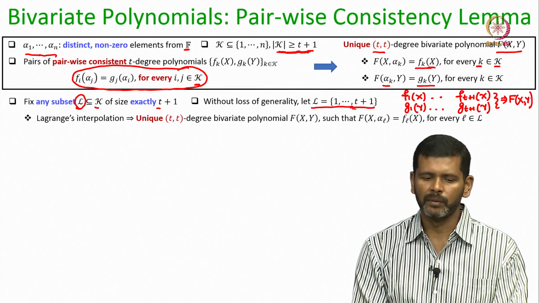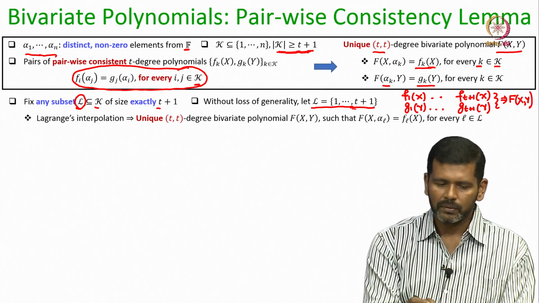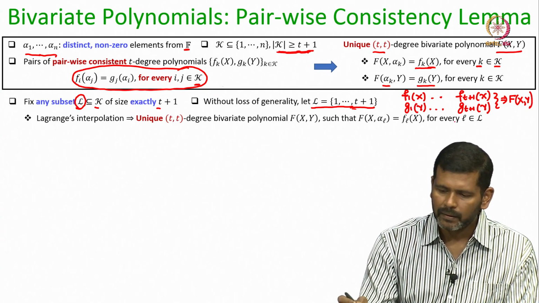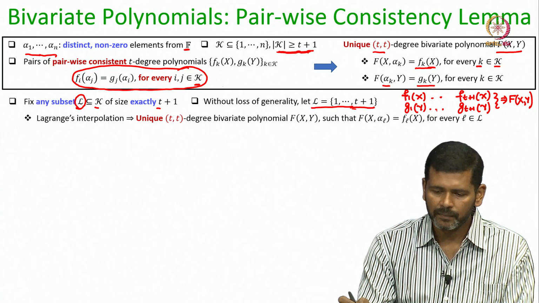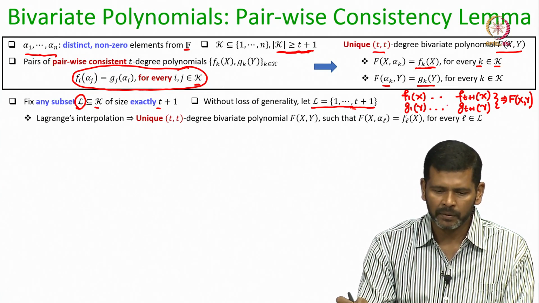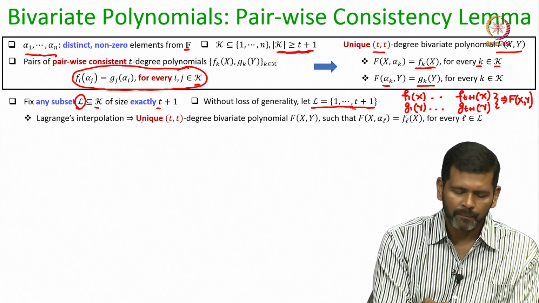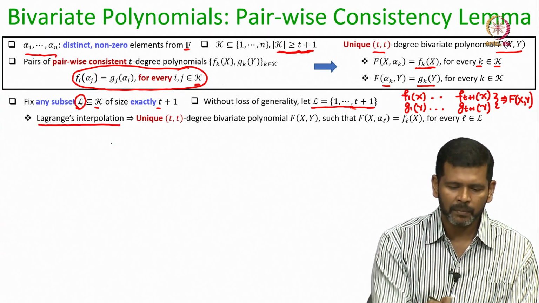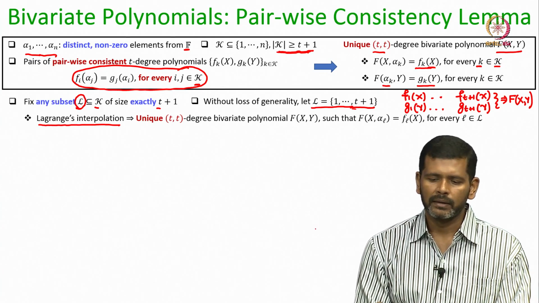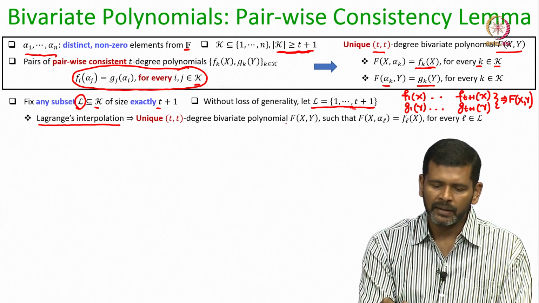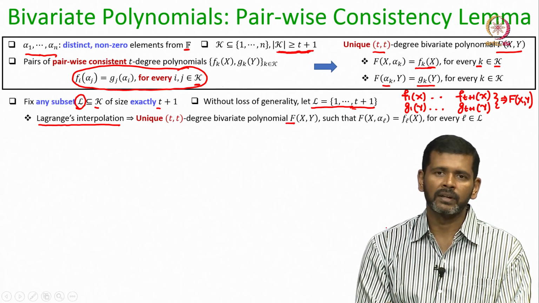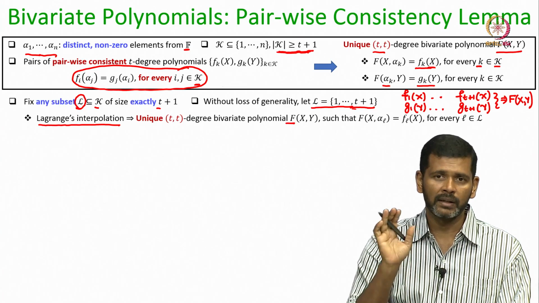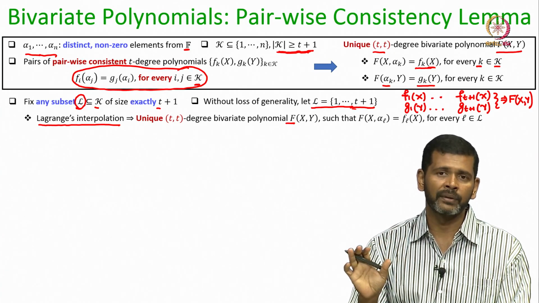This is what first we will prove. So, first what we will do is we will take the t plus 1 x univariate polynomials, and apply the Lagrange interpolation for the bivariate polynomial and get a unique t degree bivariate polynomial passing through those t plus 1 x univariate polynomials. We have not yet touched the t plus 1 y univariate polynomials.